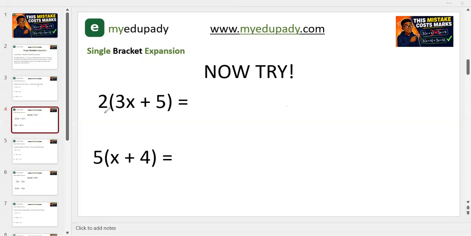So we have 2 into bracket 3x, add 5. So what do we do? We are using the same idea. 2 multiplied by 3x, add 2 multiplied by 5. So 2 multiplied by 3x is going to give us 6x. And 2 multiplied by 5 is going to give us 10. All right, so let's do the same thing for the second work to do.